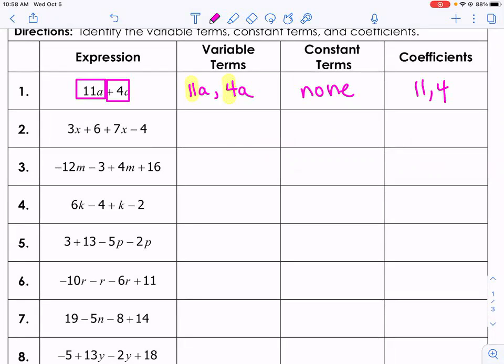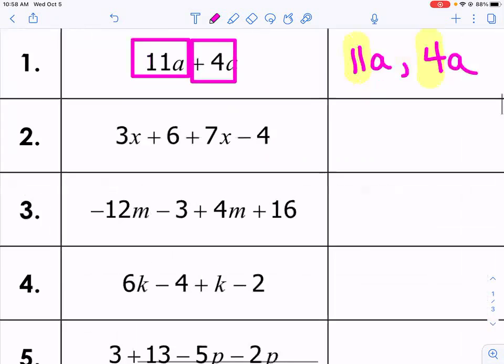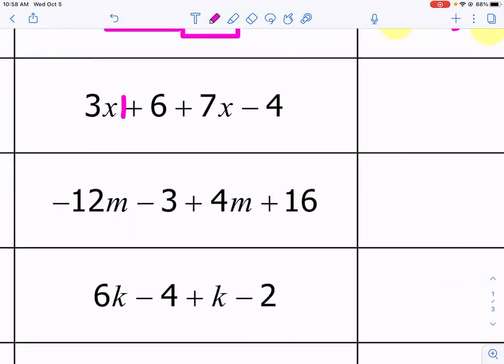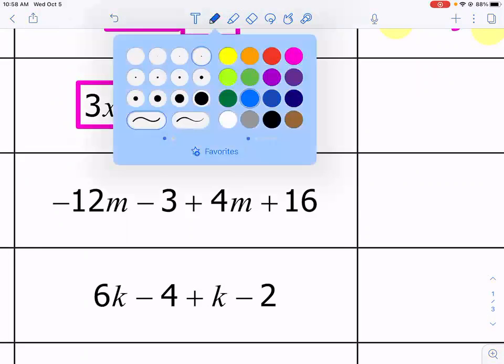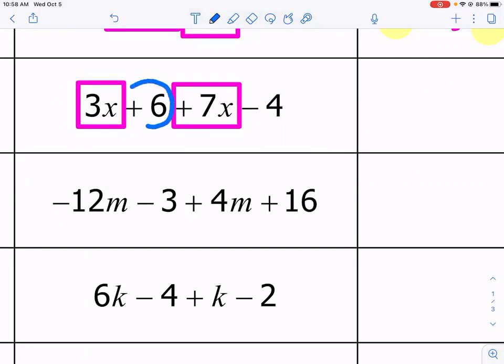Let's do another, a more exciting example. Okay, I'm going to put a box around anything with a letter. So 3x, I'm going to put a box around, and that +7x, I'm going to put a box around. Then I'm going to circle anything that doesn't have a letter.